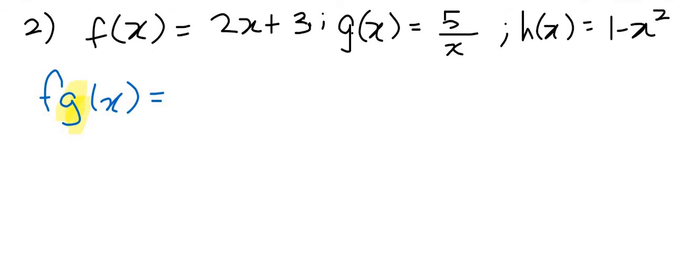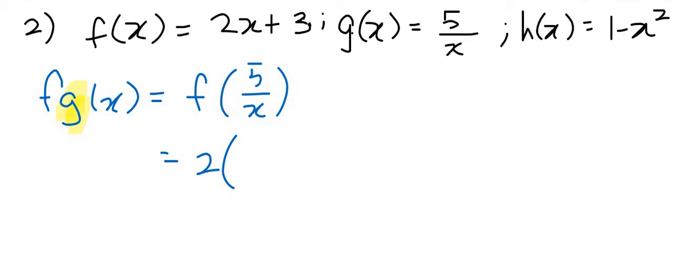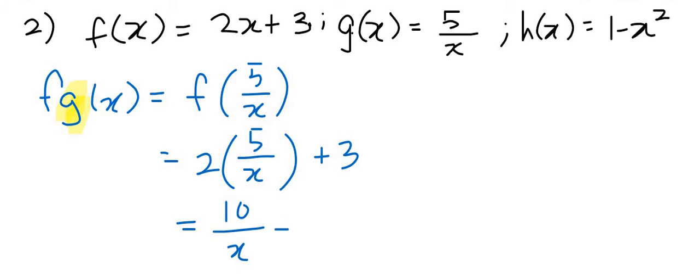In this case, that will be g(x). So let's substitute g(x) into fg(x), and that gives you f(5 over x). Wherever you see x in the f, you are going to put in 5 over x. So we try and expand wherever we can. You can leave your answer like that as well.